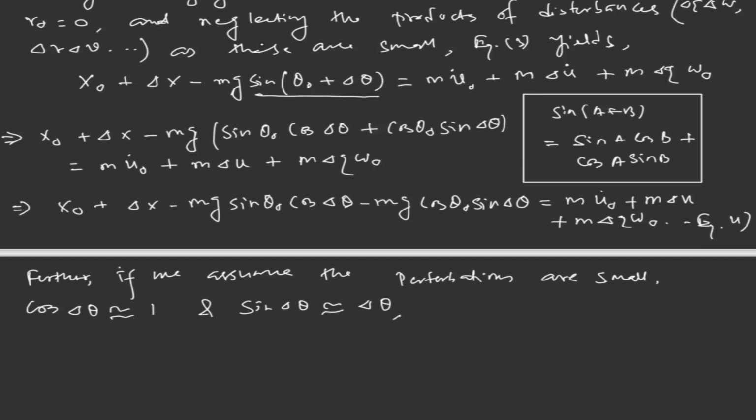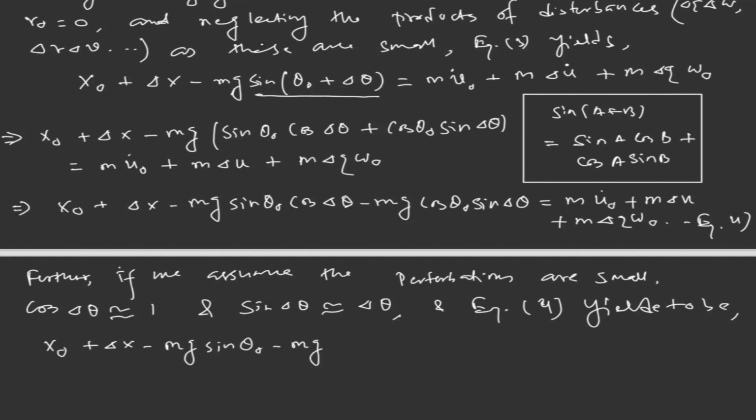In this condition, equation 4 yields X naught plus del X minus mg sine theta naught minus mg del theta cos theta naught equal to m u naught dot plus m del u dot plus m del q w naught, sorry, w dot.